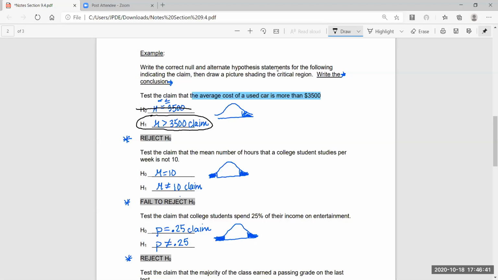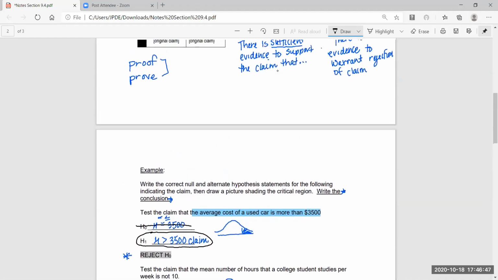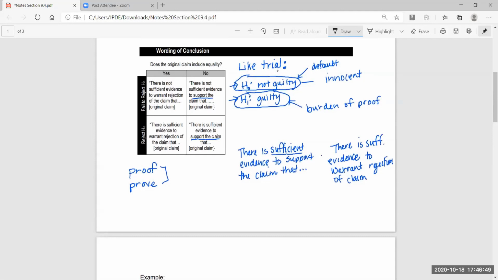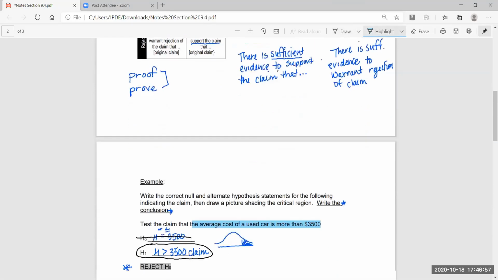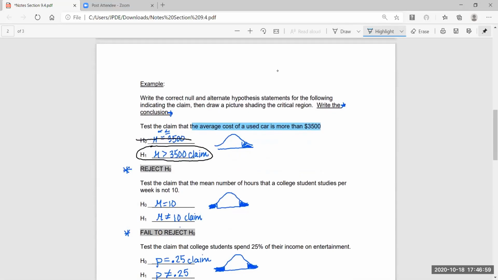When we look at this, it says reject H0. We rejected H0. Let's write our conclusion. So I'm going to look at this little table. Up here it says, does the original claim include equality? Okay, let's look at the original claim. Does the original claim have an equal sign?